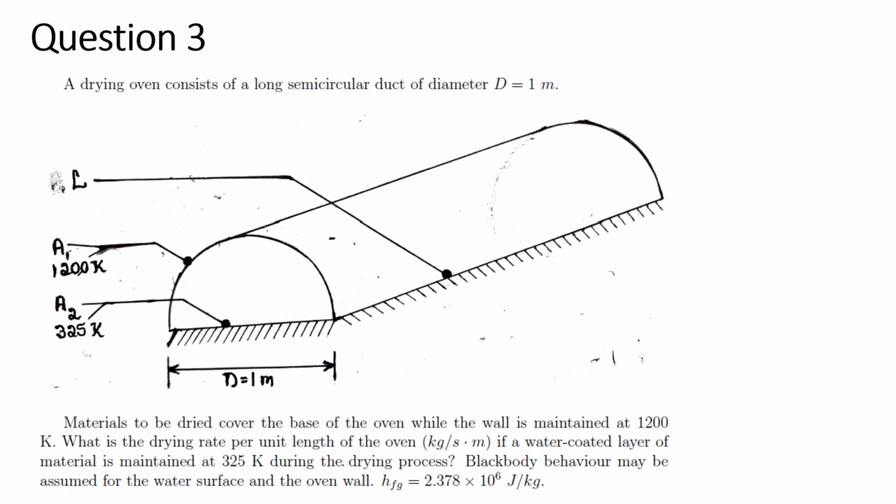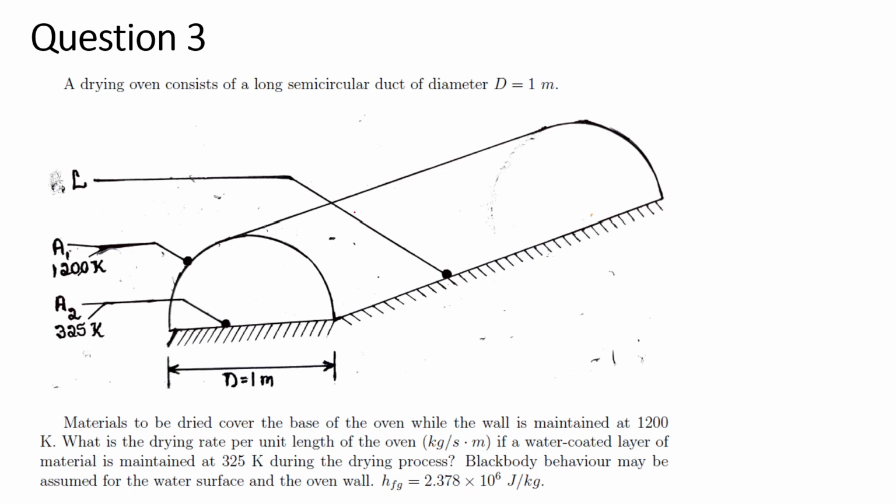What is the drying rate per unit length of the oven if a water coated layer of material is maintained at 325 Kelvin during the drying process? Black body behavior may be assumed for the water surface and the oven wall. And we have been given hfg equal to 2.378 into 10 raised to 6 joule per kg.